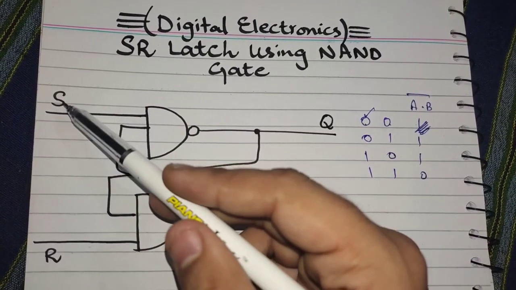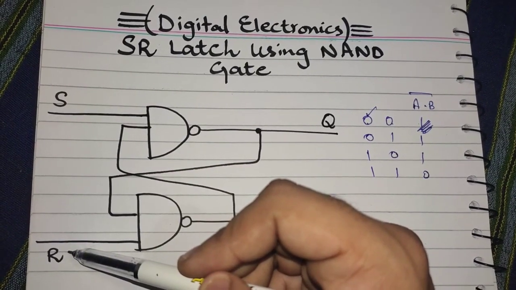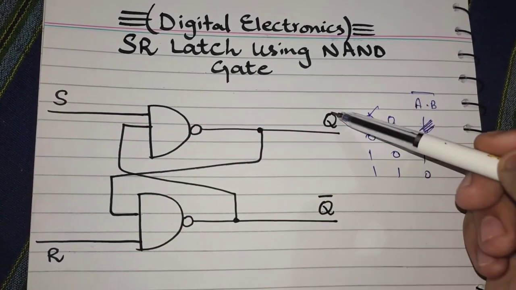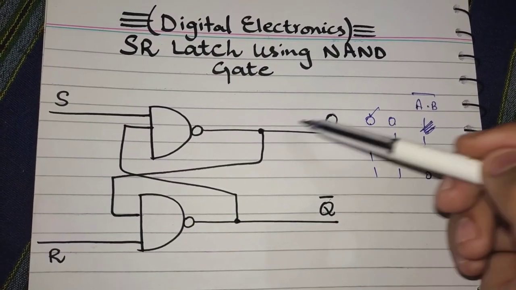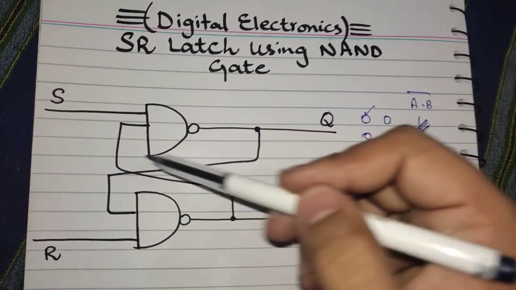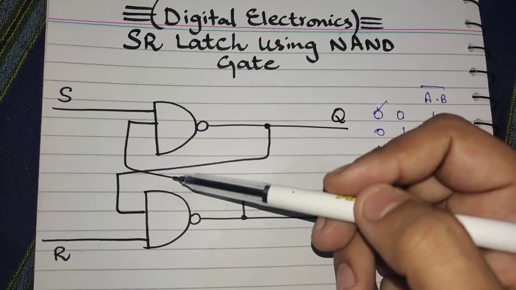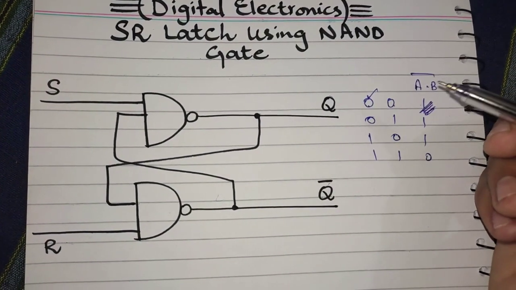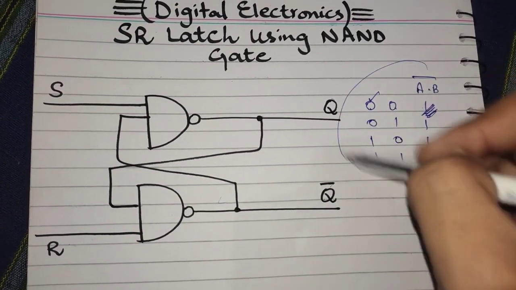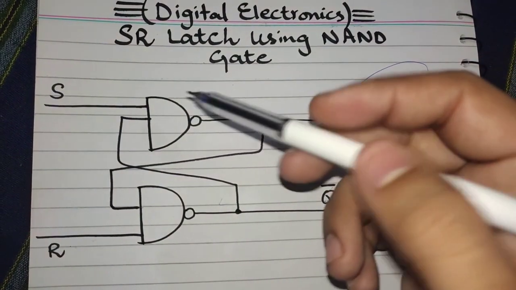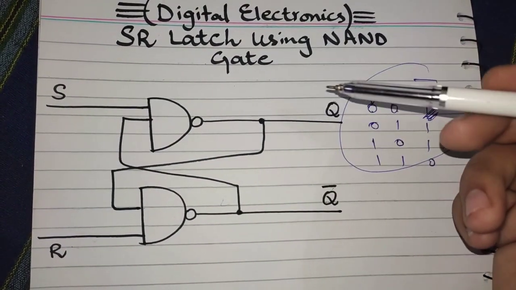So we have four terms here: S and R, which are the two inputs, and Q and Q complement, which are two outputs that become inputs of these two NAND gates in this circuit. So remember this property and implement the table one by one by giving the inputs.